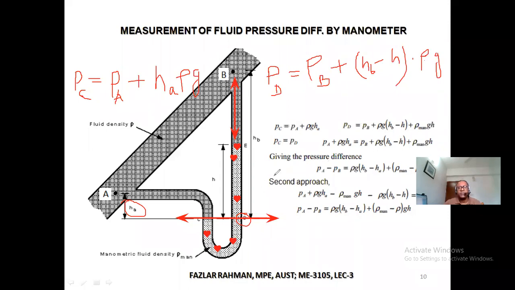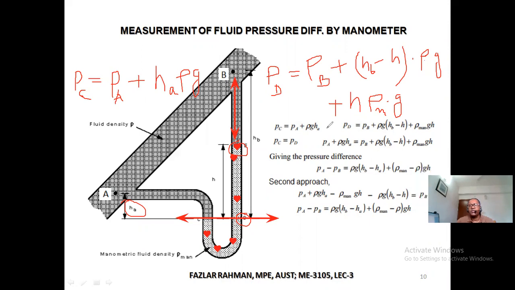You just came to point E. You need to come to point D. So again, we're going down, plus H is rho M, then G. Then next line, PC equal to PD. Then figure out the pressure difference between PA and PB. So it is right over here showing PC equal to PD, then figure out the pressure difference.